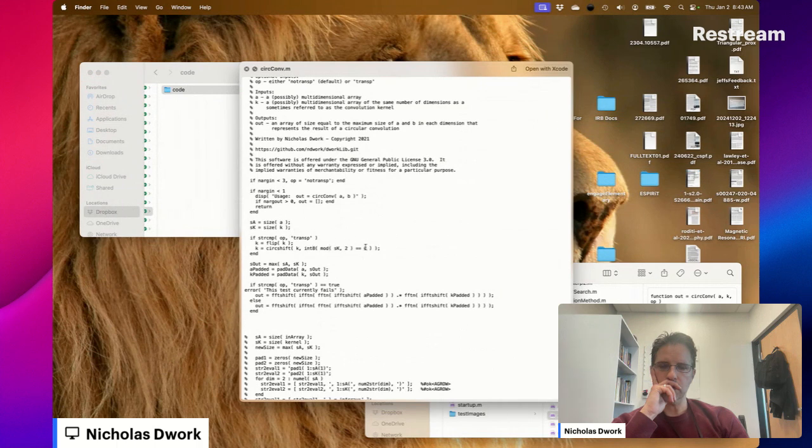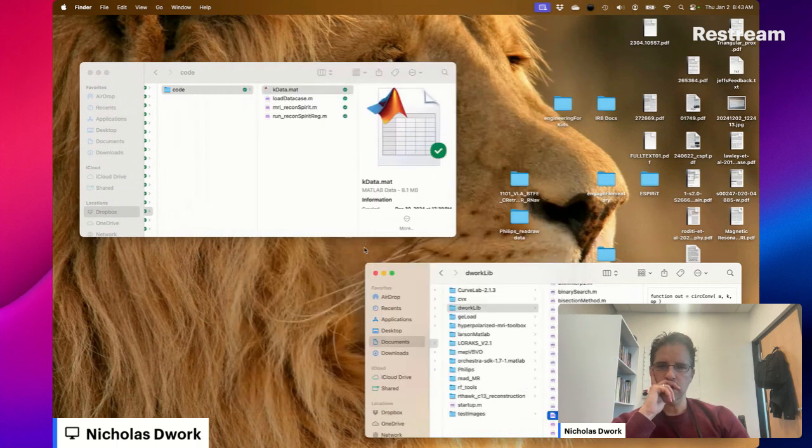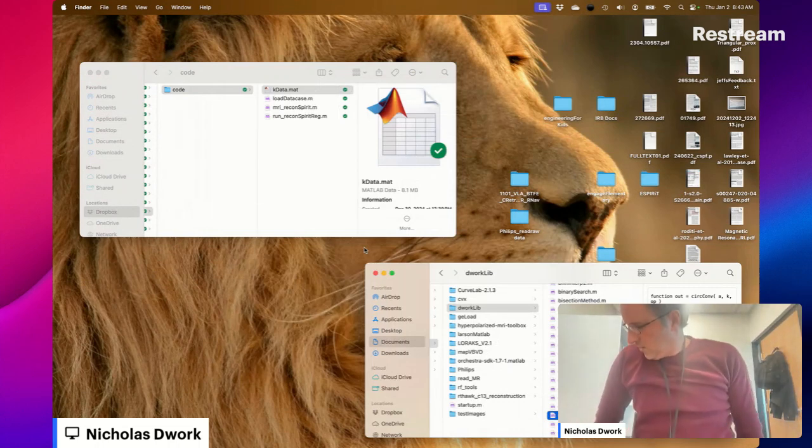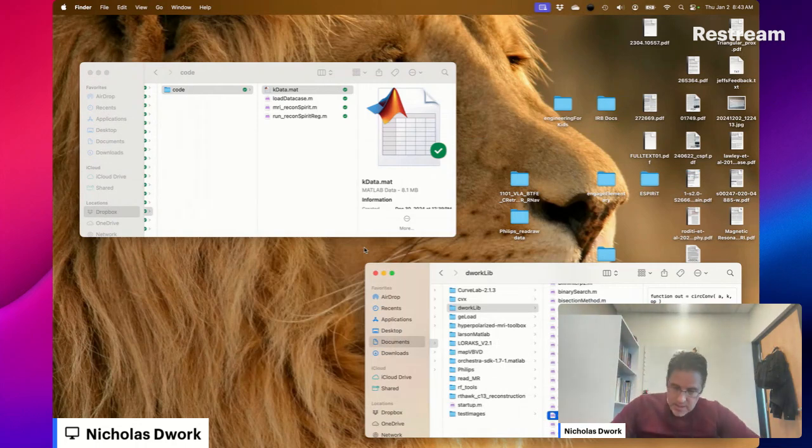Looks like I tried to be clever. So I can either fix that, go on to other work, or just end streaming and do other work, or just go back to SPIRiT regularization. We're not going to do more SPIRiT regularization today. That's going to be for another day.